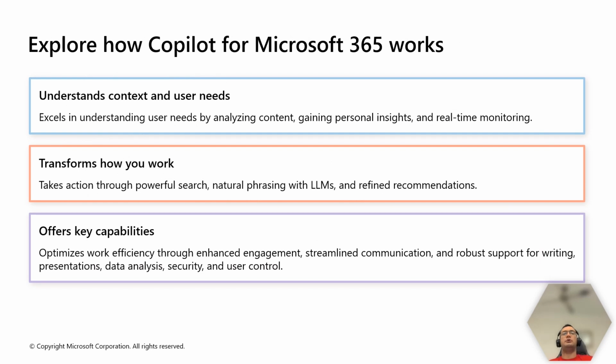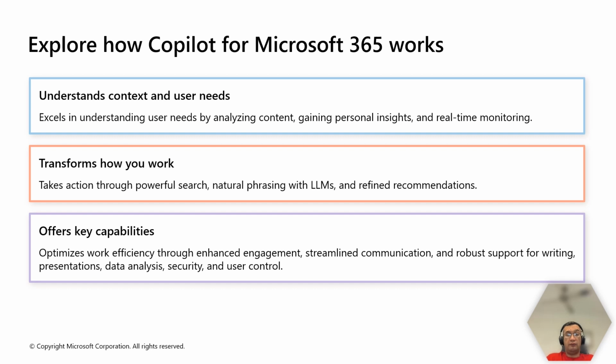If you want to explore how Copilot for Microsoft 365 works, we need to consider three different points. So we need to understand the context and requirements of the user. It helps you understand the user's needs by analyzing the contents, gaining personal insight, and also real-time monitoring of the reactions that the user and the software are having.